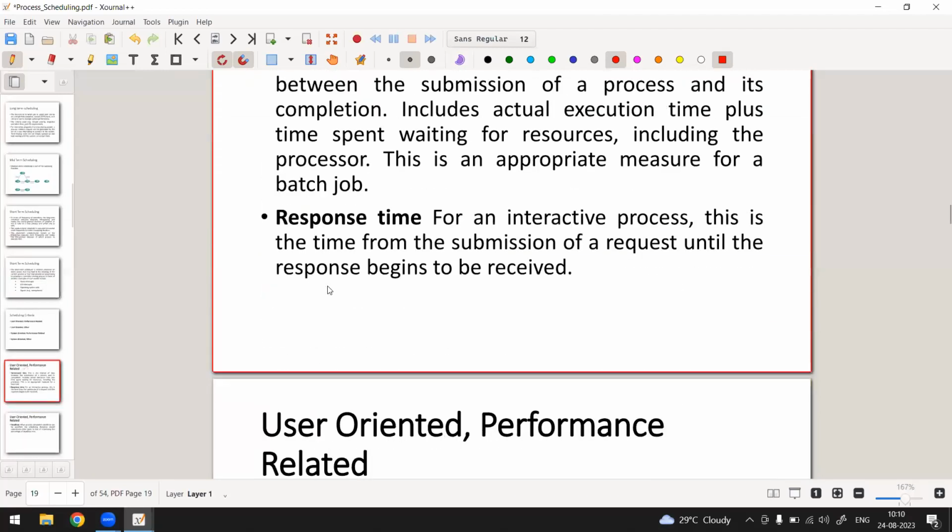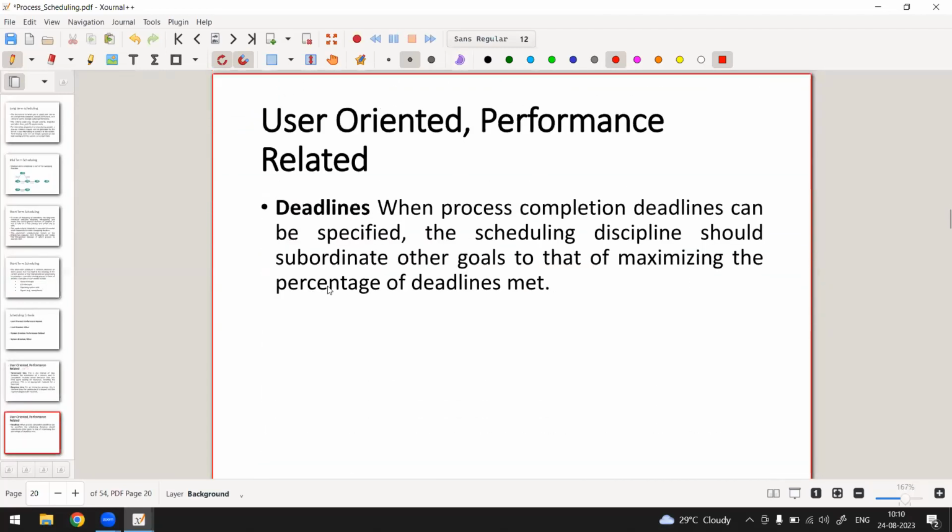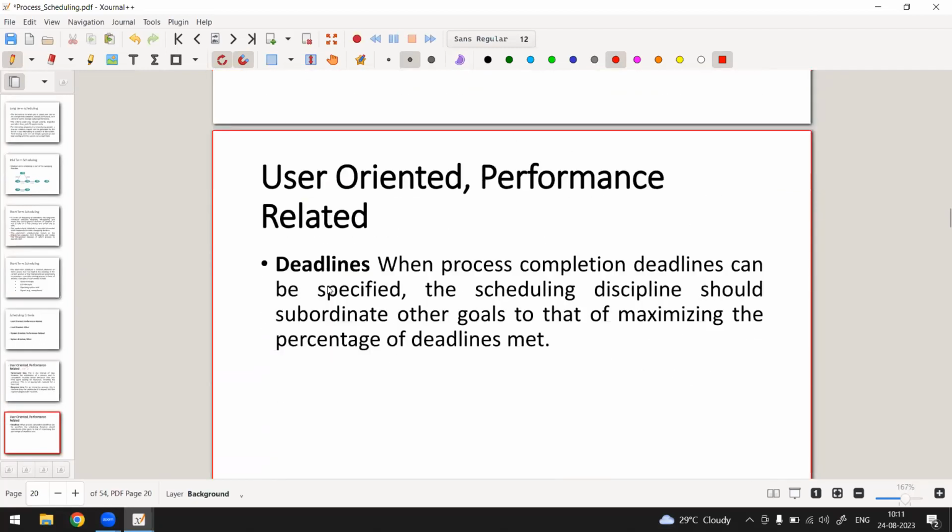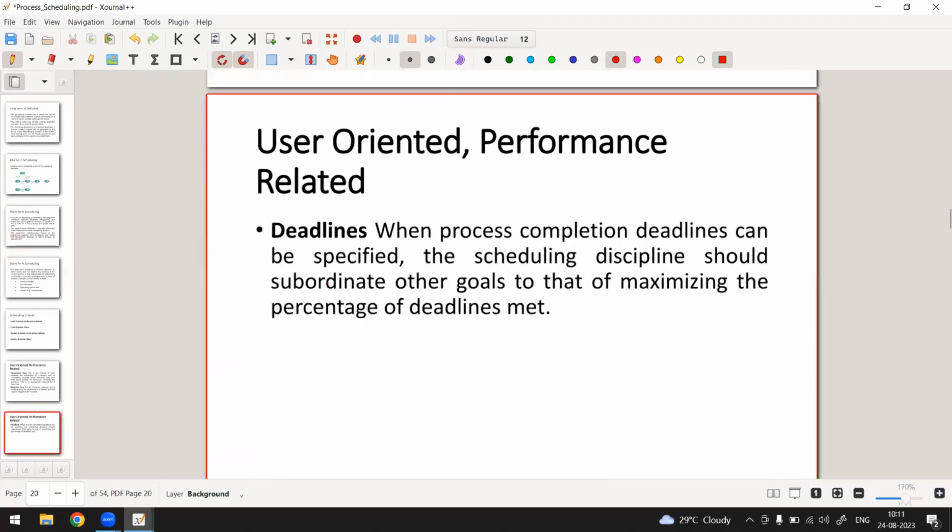Then the second criteria, user oriented performance related, is deadline. So what is the meaning of deadline? Deadline is the time duration specified under which the process should complete its execution, right?